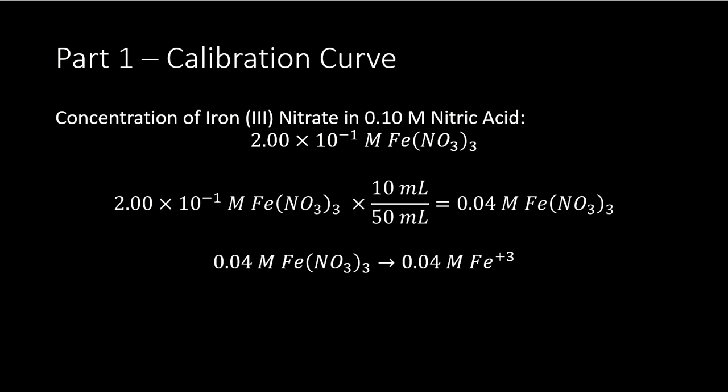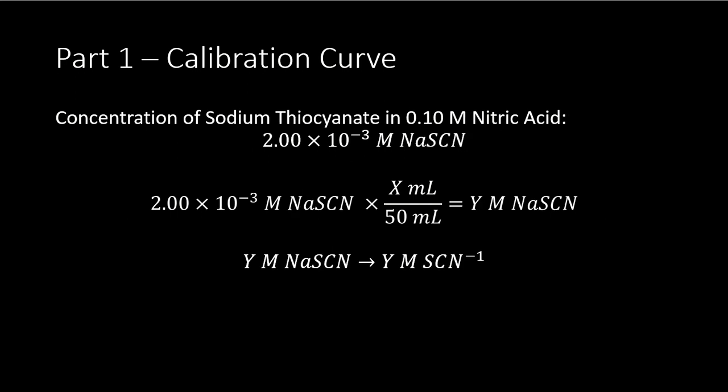Now, the nice thing is, what we care about is the iron 3 plus ion. Well, that will be a one-to-one breakdown when that iron nitrate breaks up into respective ions. Therefore, 0.04 molar iron nitrate means that we're working with 0.04 molar iron 3 ion.